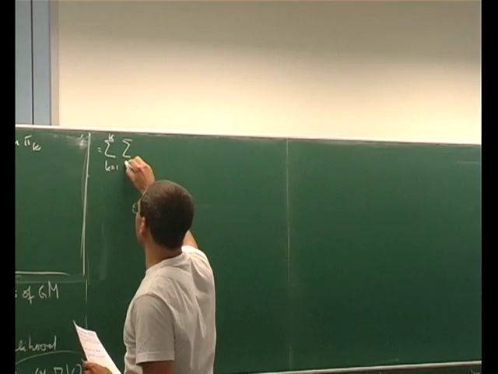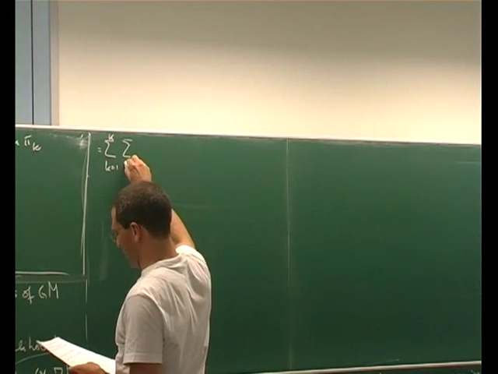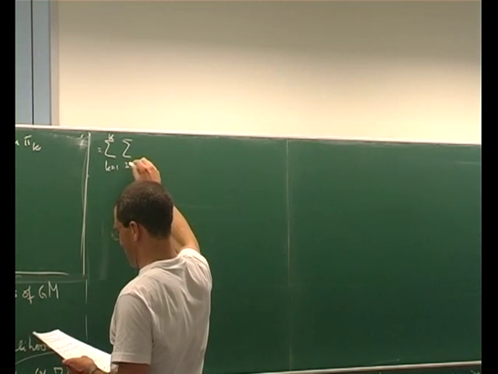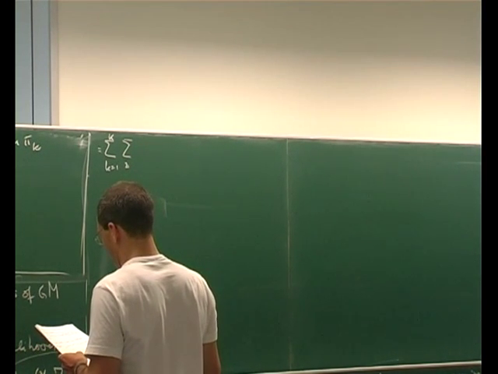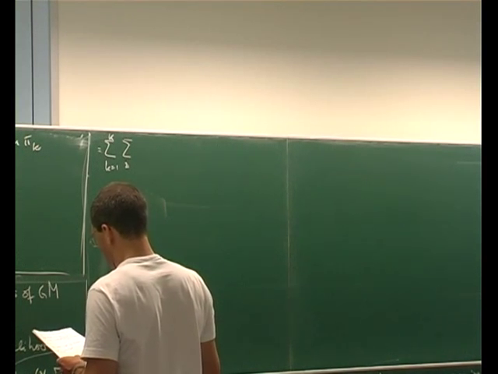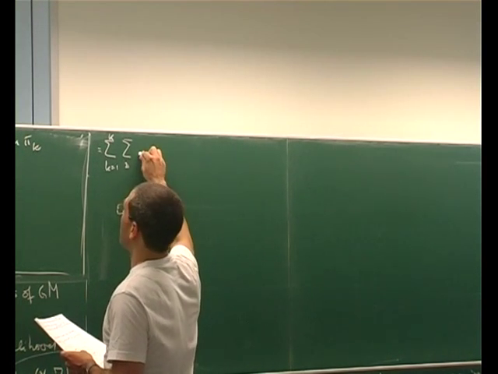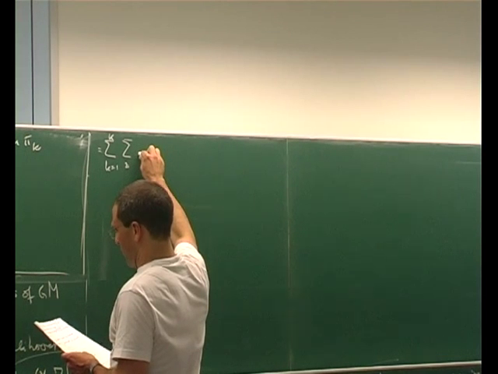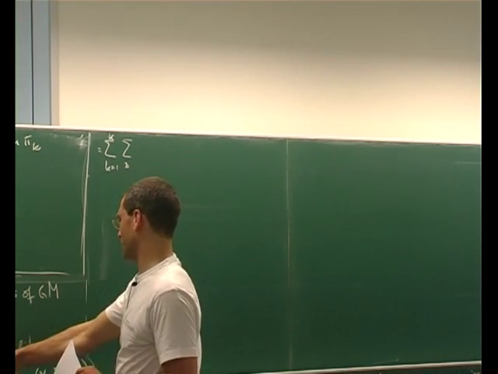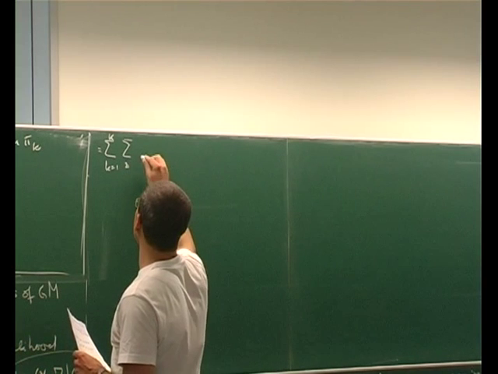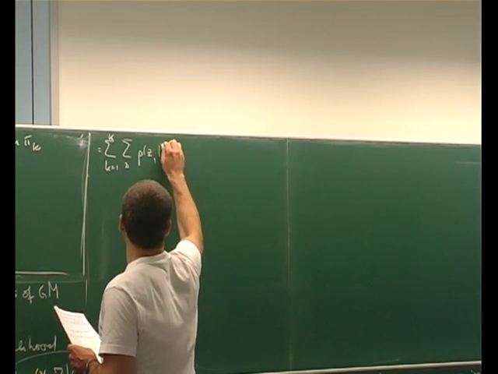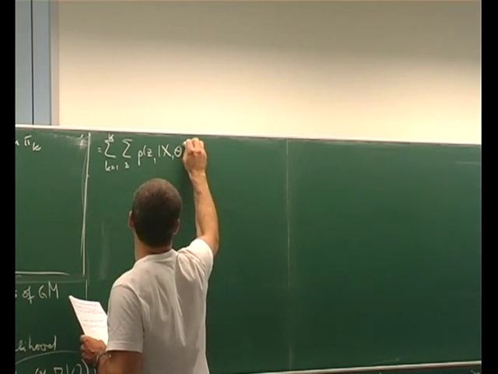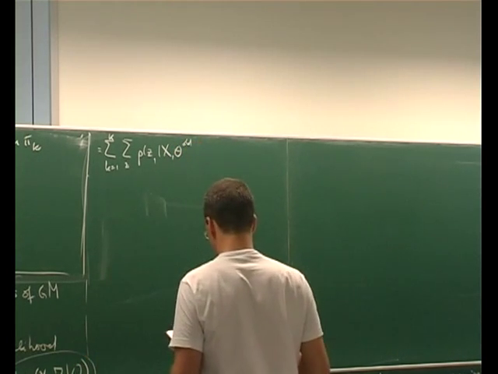So I'm now summing over z, and then I have the probability of just z1 given all observations and these old parameters.